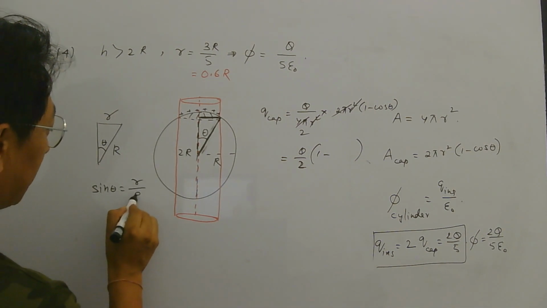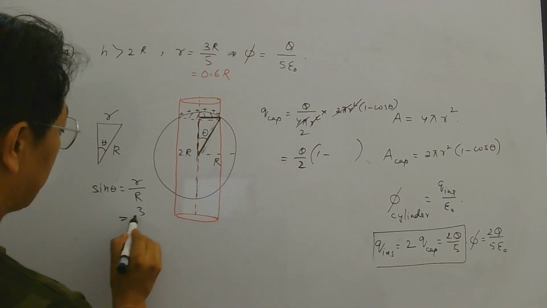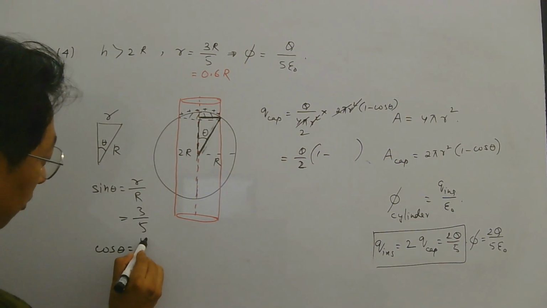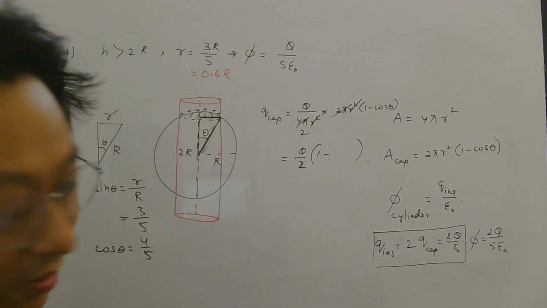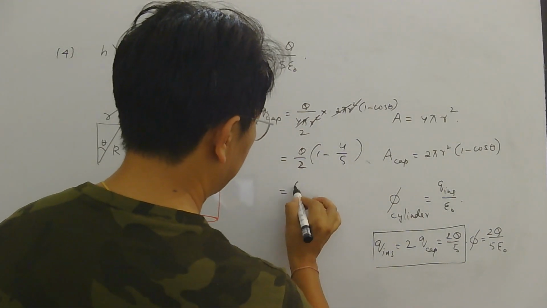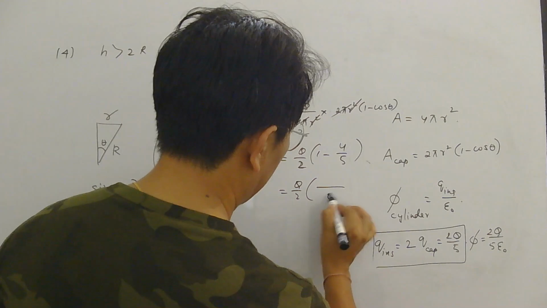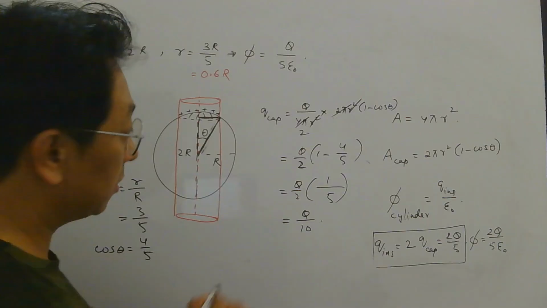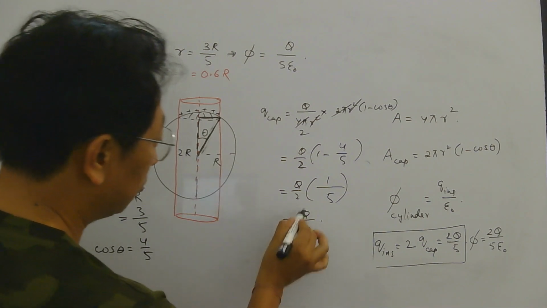Small r by capital R, which is equal to 3 by 5. If sine theta is 3 by 5, cos theta will be what? 4 by 5. Okay, you can check. So now cos theta is 4 by 5. So this will be Q by 2, 5 LCM, (5 minus 4), 1. So Q by 10. So the charge on this cap is Q by 10.